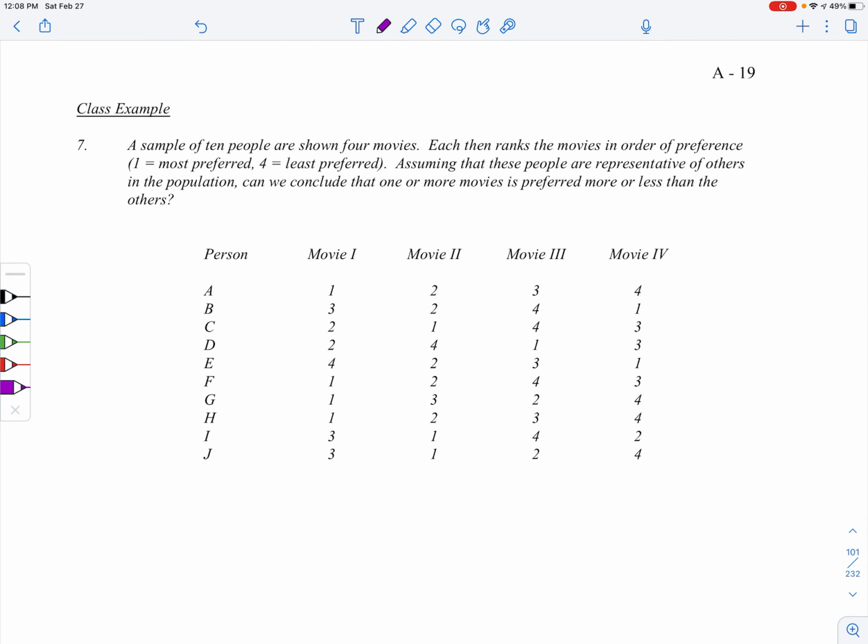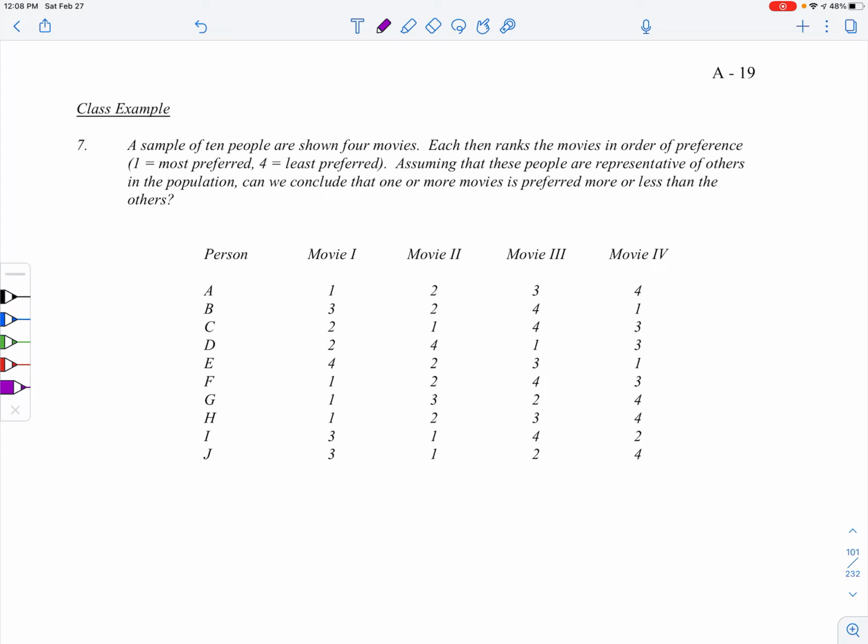I want you to think of this as being a typical data set that you would see in Excel. So we've got our respondents down the side. I've actually named them A, B, C up to J. So we've got 10 persons or 10 respondents. And they've been asked to rank their choice of movies here.